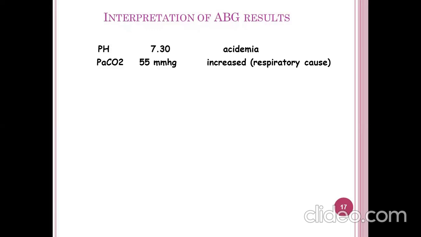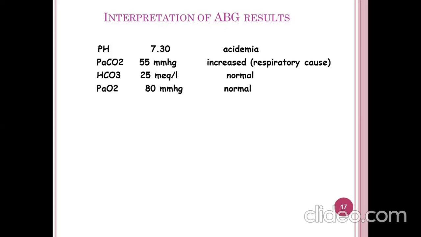That is nothing but the respiratory cause, as I already mentioned in the previous slide. If the bicarbonate value is 25 milliequivalent per liter, here it is normal. If the partial pressure of oxygen is 80 mmHg, that is normal.